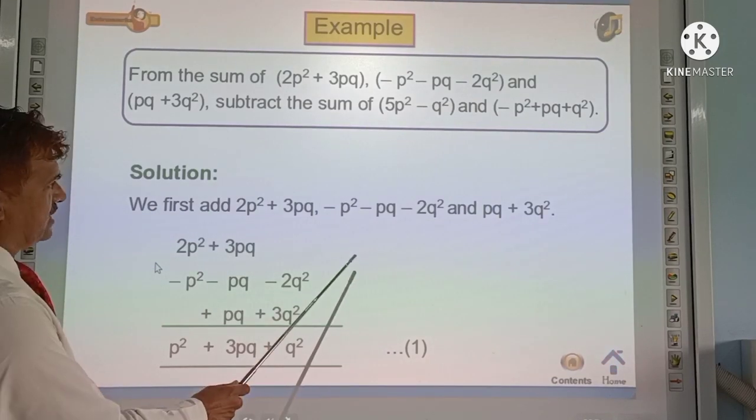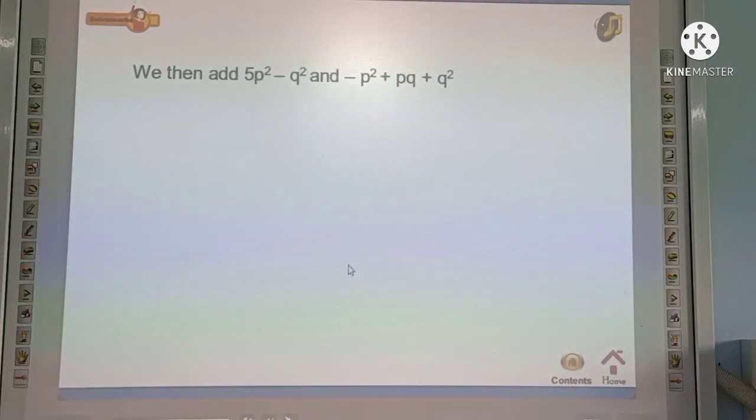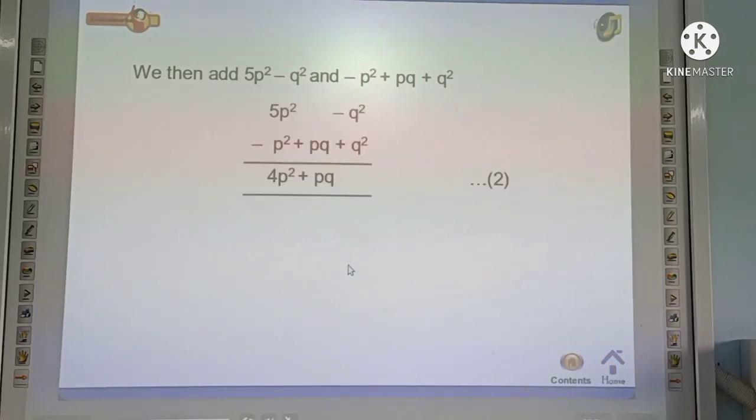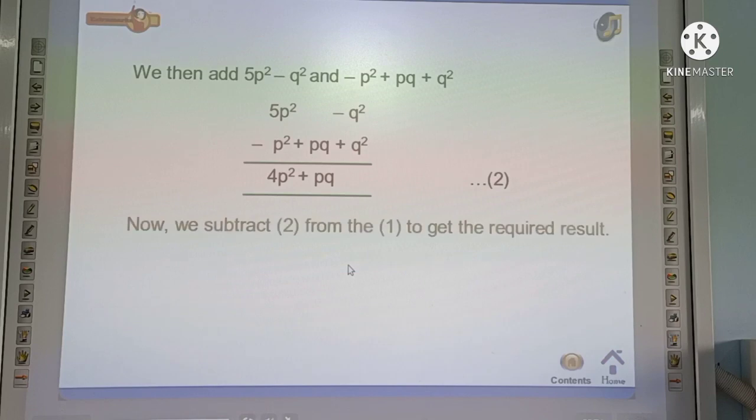Now we will add 5p square minus q square and minus p square plus pq plus q square in columns as shown here. Now we subtract expression 2 from 1.